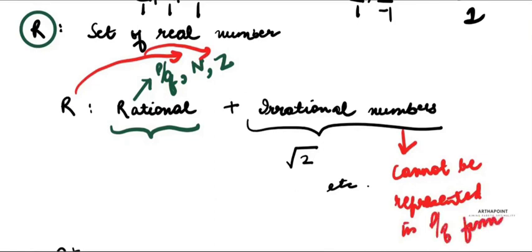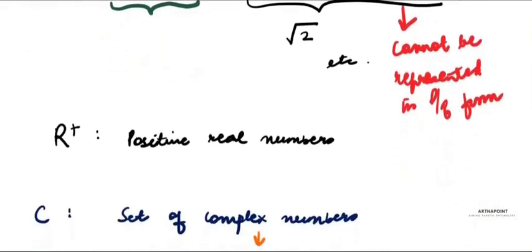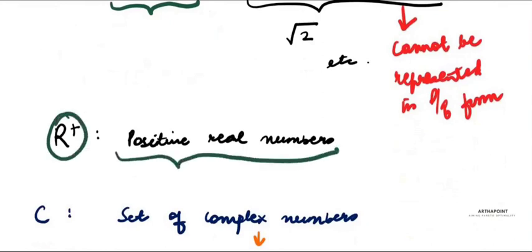Okay. So these are your irrational numbers. Now, just like we did Z plus, we can also do R plus. Okay. So R plus will be the set of positive real numbers. If I do not consider my negative real numbers, only positive real numbers, that becomes R plus.